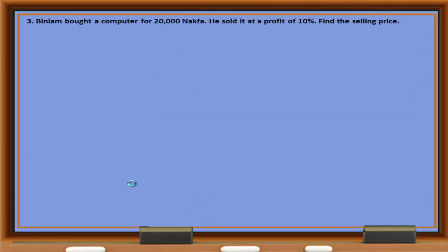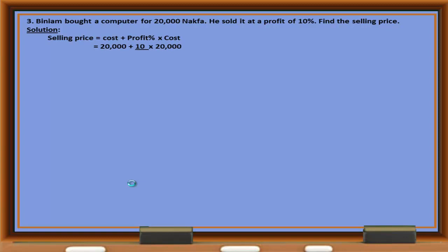Number 3. Binyam bought a computer for 20,000 nafa. He sold it at a profit of 10%. Find the selling price. Solution. Selling price is equal to cost plus profit percent times cost.